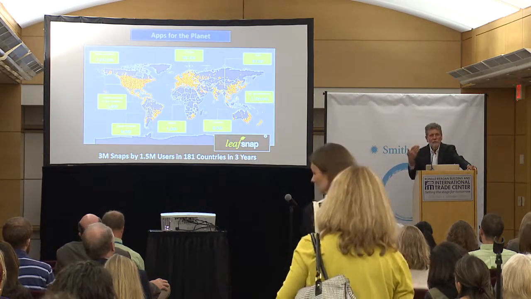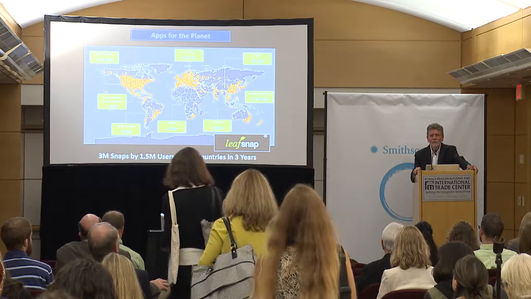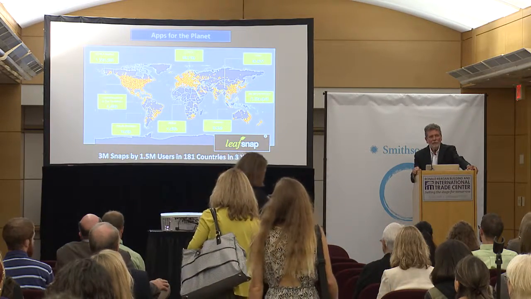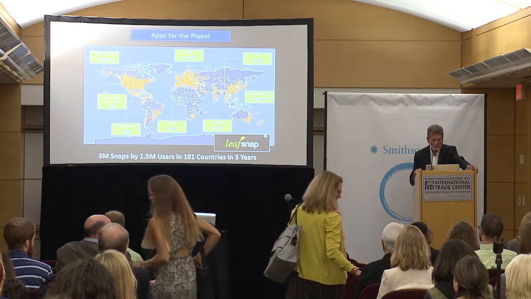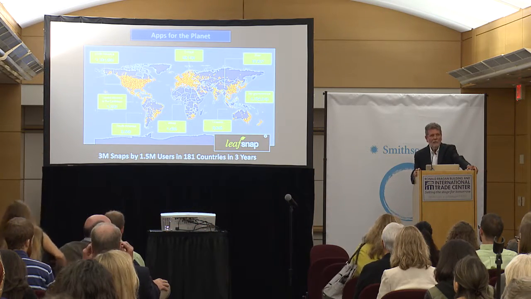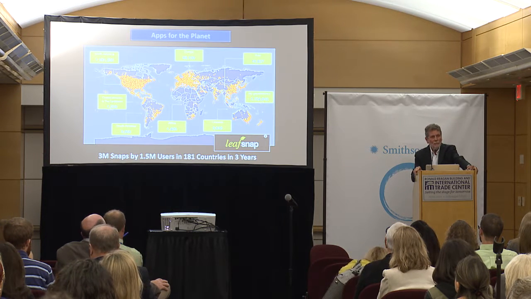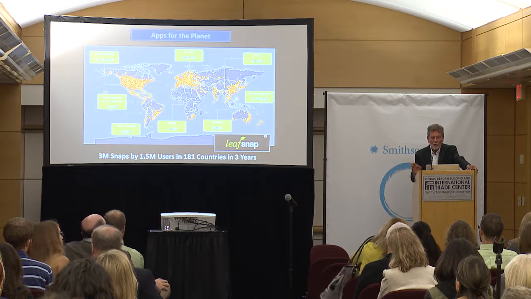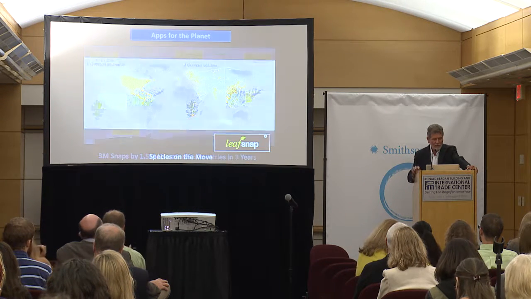Citizen scientists, and not even citizen scientists, just citizens, are obviously interested in using the phones they have and the equipment they have to look at nature, and I think this is what we're all going to be talking about today. 3 million snaps is a lot of data. That's more than we could ever gather as scientists.